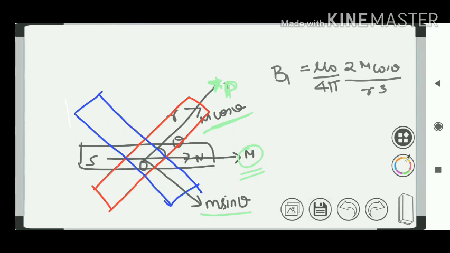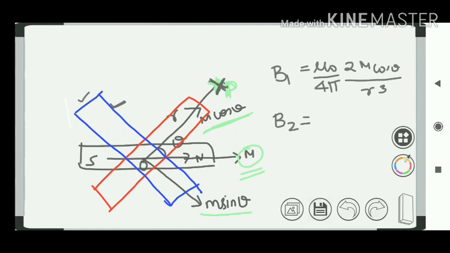Now similarly B2, that is the magnetic field at P due to the second bar magnet, see this blue color, because that is also having a magnetic moment m sin theta in downward direction. So that means there is just an imaginary bar magnet with a magnetic moment m sin theta. But with respect to this blue bar magnet, P point is along its equatorial.